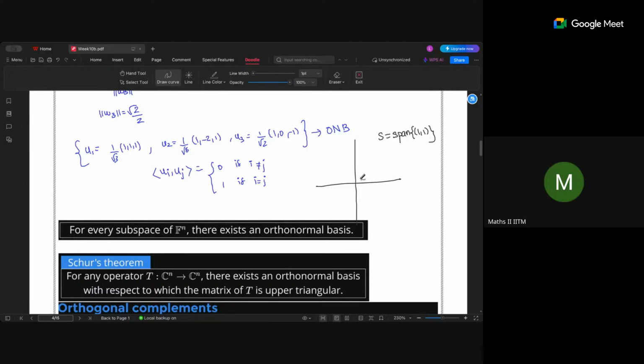So let's say this is (1, 1). Then you know that the line passing through (1, 1) is S. So this is your S. Now, can you give a vector which is orthogonal to (1, 1)?